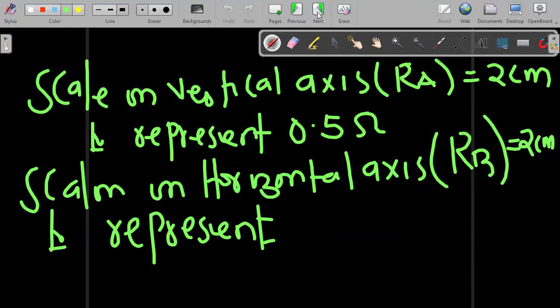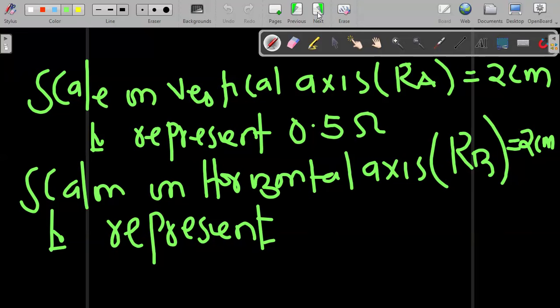The highest value is 9, the lowest value is 6. One unit. 1 unit. Yes.